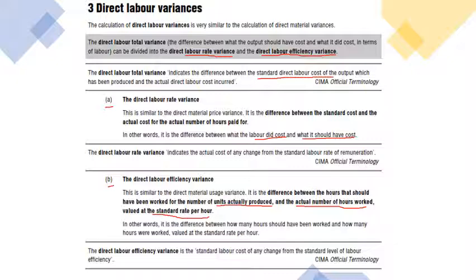In other words, it is the difference between how many hours should have been worked and how many hours were worked, valued at a standard rate. According to CIMA terminology, the direct labor efficiency variance is the standard labor cost of any change from the standard level of labor efficiency.